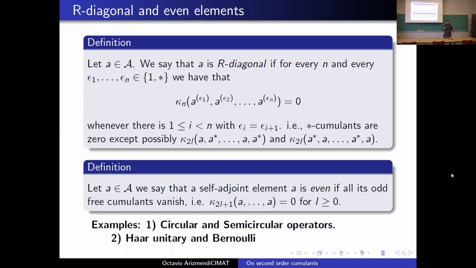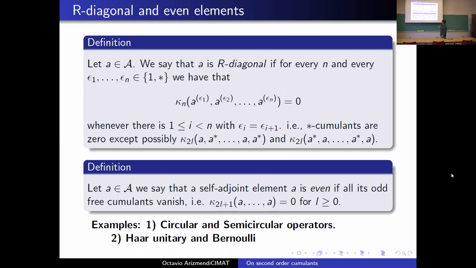So I'm talking about the joint cumulants between A and A star. This is another way to say what the joint distribution between A and A star is. I'm not assuming that A is normal or self-adjoint. This is actually a non-self-adjoint element. So I'm providing the joint distribution in a strange way if you are not used to free cumulants.